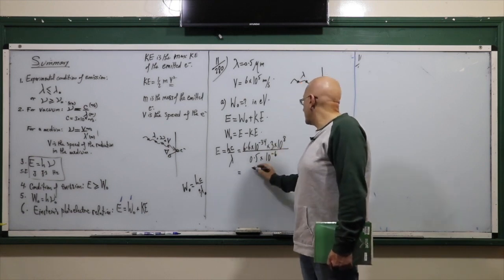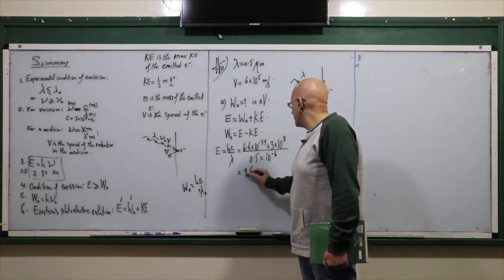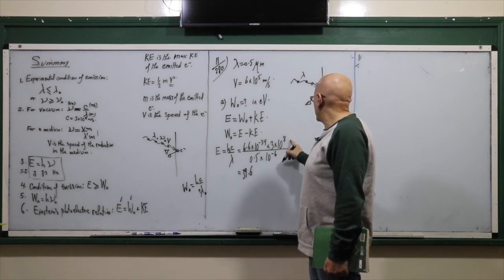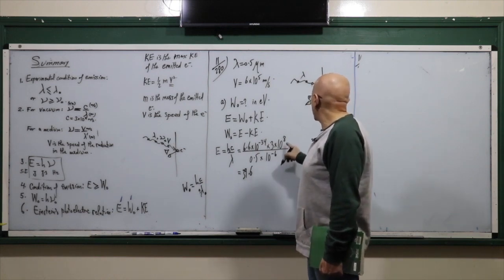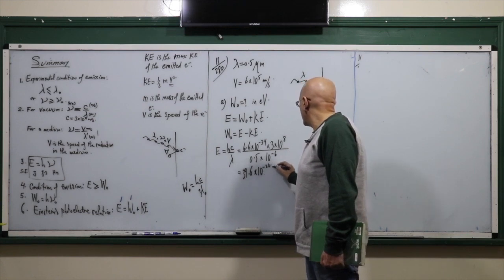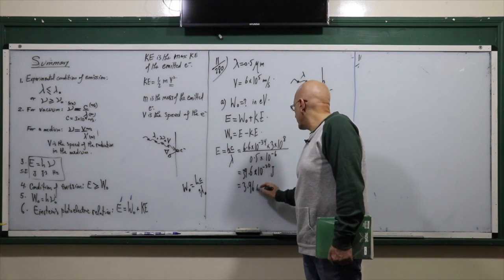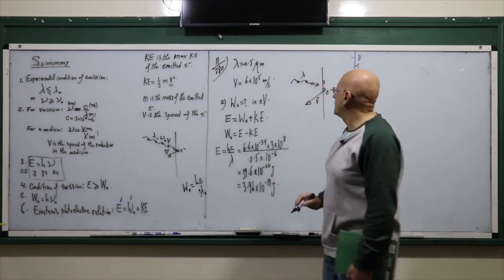It gives 39.6 times 10 power minus 20, or 3.96 times 10 power minus 19 joule.